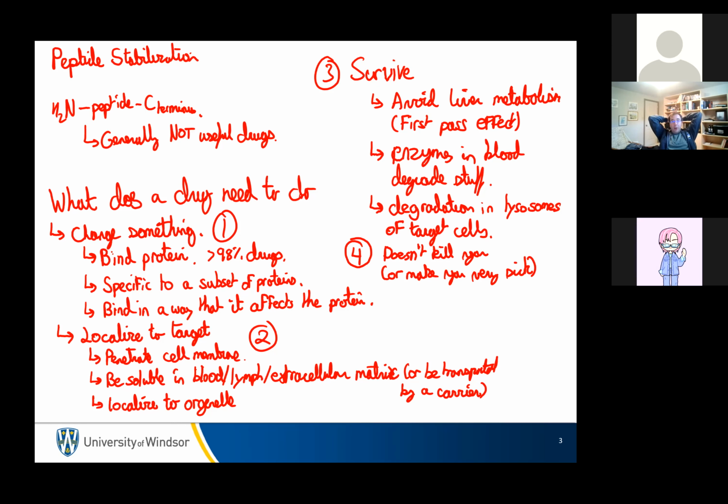All the chemotherapeutics make you very, very sick. But hopefully they don't kill you. So it's ideal if a drug doesn't kill you. Otherwise, it's not a very good drug. But we could sort of make number four as kind of a corollary of number one. We just need to bind the right things. So this is what every drug needs to do.